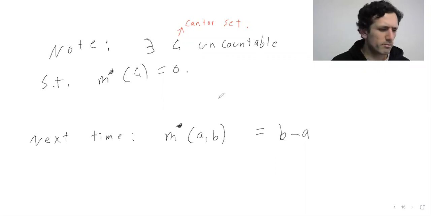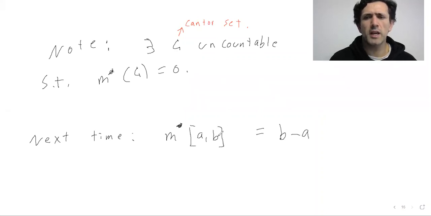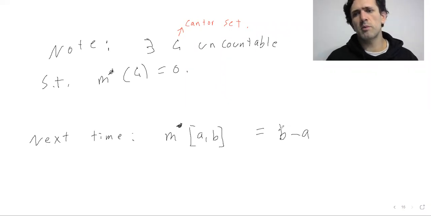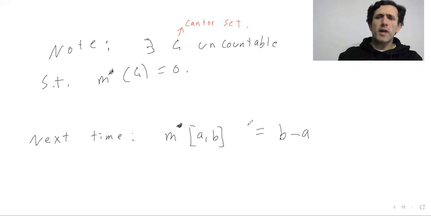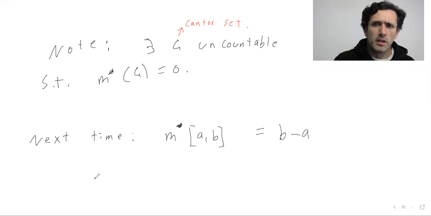Actually, I'm really going to prove that the outer measure of the closed interval [a, b] for 2 real numbers a less than b is going to be b minus a. I want to do that because I'll be able to use compactness, the Heine-Borel theorem. Okay, this is a bit long, sorry about that, but good place to stop.